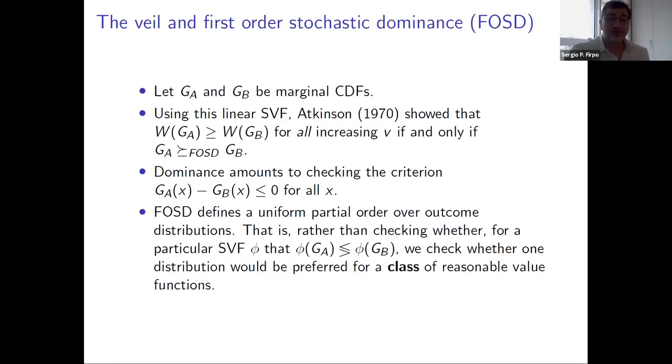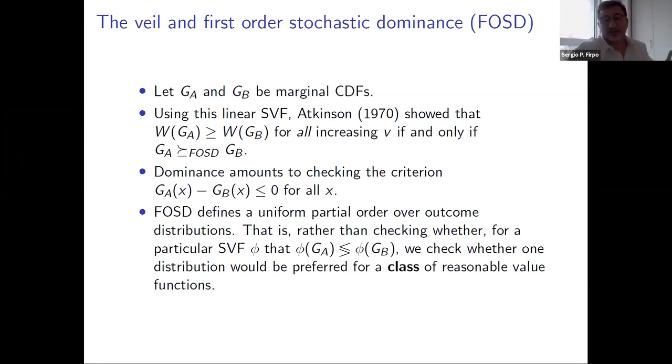Now, F was the distribution or the CDF of gains or changes. Let's say that G are the marginal CDFs. So if you decide by policy A, then GA will be the income distribution under policy A, and GB will be the income distribution under policy B if you decide by B. So those are levels, or distributions of the levels.